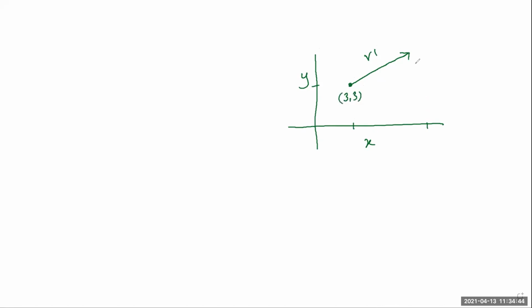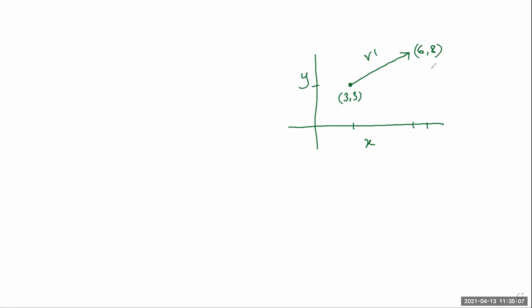And it has an ending point, say this one, so let's call it 6, 8, right? So this is a vector which has head and tail. Maybe you are familiar with the terminology head and tail, or you can call it initial point or final point. So there are actually 2 points, 3, 3 and 6, 8, right?